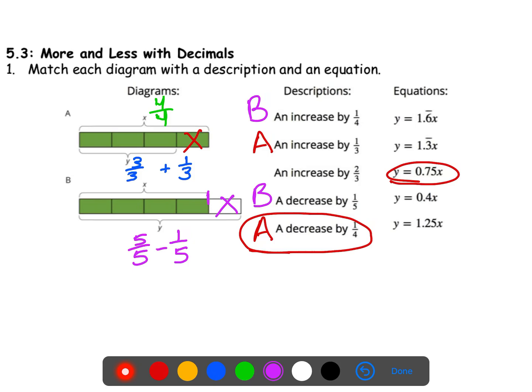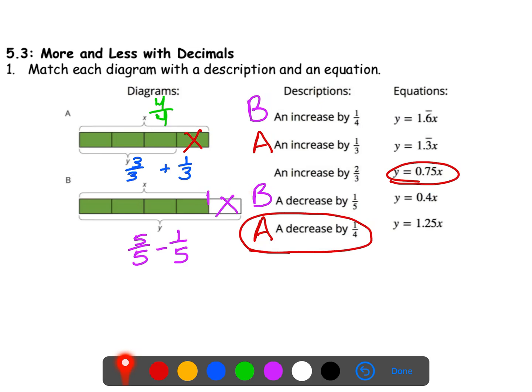So there we could say we could decrease by 1/5 and also describe the same situation. But there's only one of those descriptions that's going to match the equation. Remember, here we're altering the x amount to equal the y amount in the way these equations are written. So we need to equal the y amount, which means we need to increase x past the 4/4 by an extra 1/4.